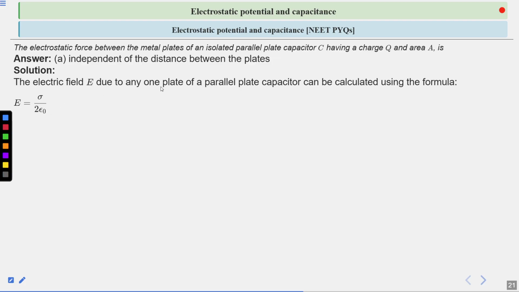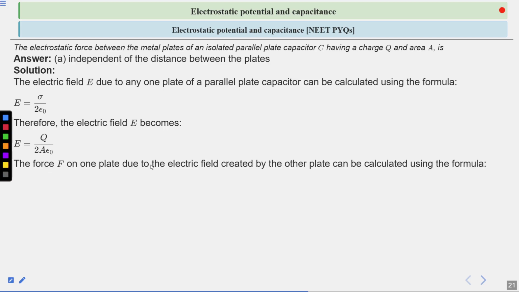But we are only considering the electric field due to any one plate. Therefore, electric field E becomes equal to, where sigma is the surface charge density, that is Q by A, charge on the plate by area of the plate, so Q by 2A epsilon naught.